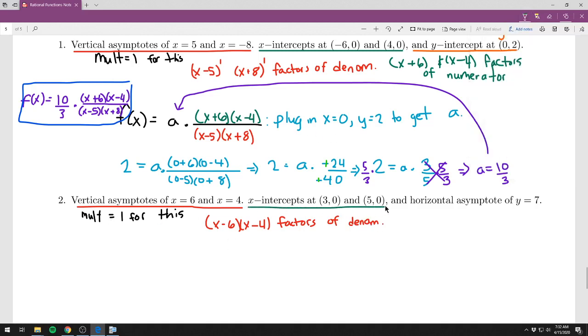And then we have x-intercepts of (3, 0) and (5, 0). So we got x minus 3 and x minus 5 as factors of the numerator. And we got our a out front. We'll use this to solve for a.